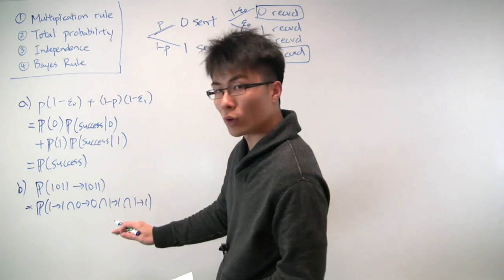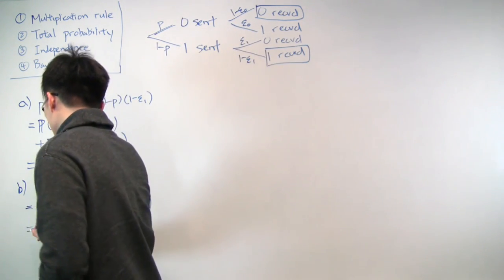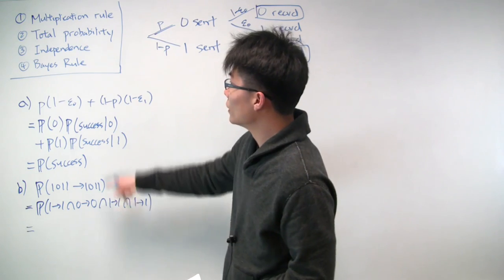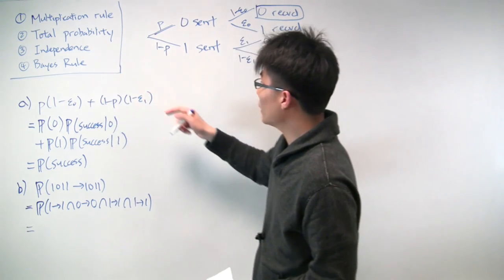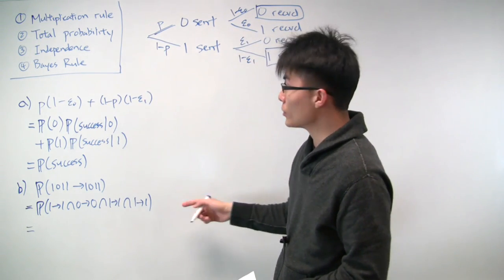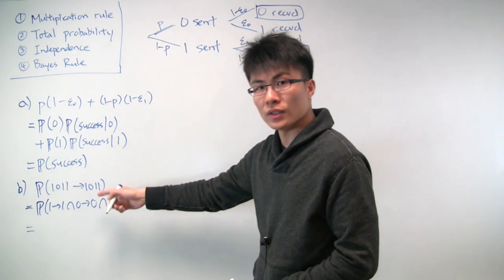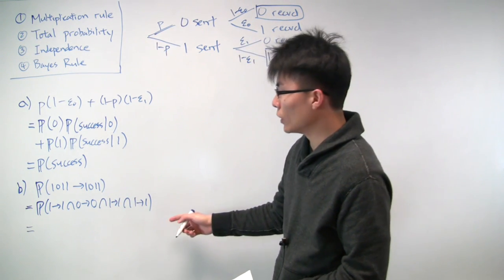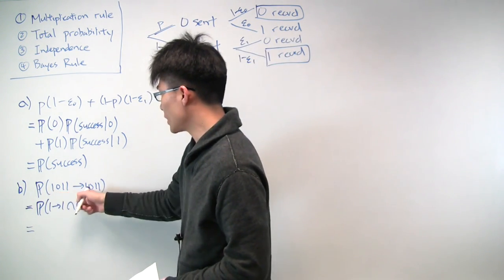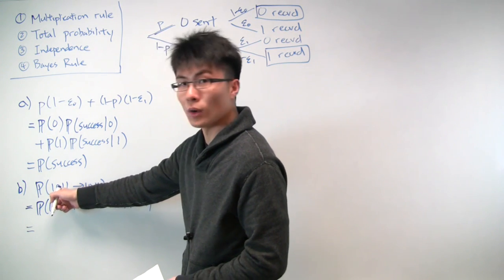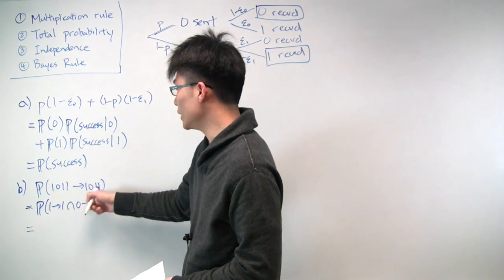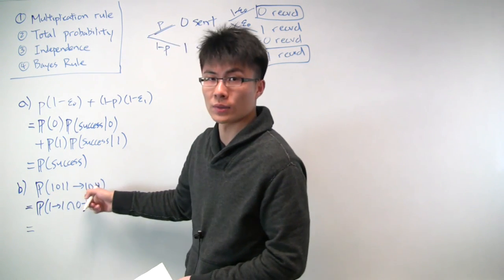And now we'll make one more step, and we'll invoke independence, which is the third topic here. The other important assumption we're making is that every single bit is independent from any other bit. So the fact that this 1 was successfully transmitted has no impact on the probability of this 0 being successfully transmitted or not.